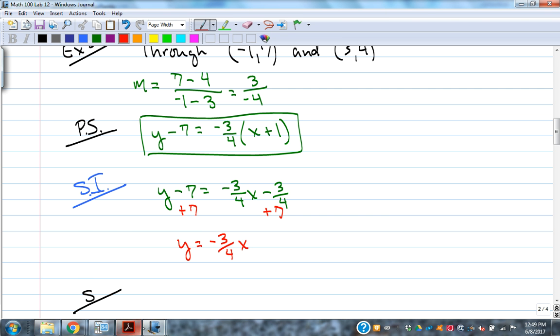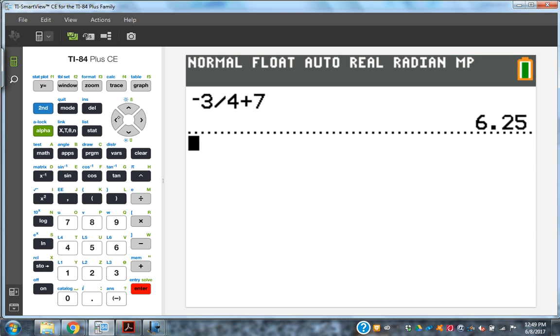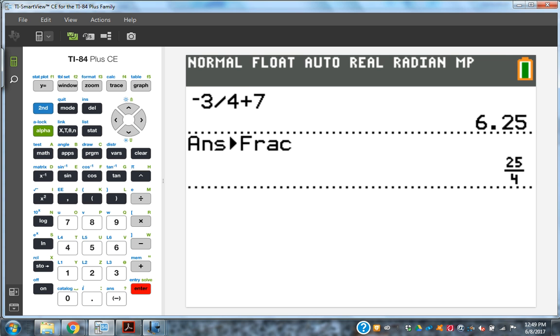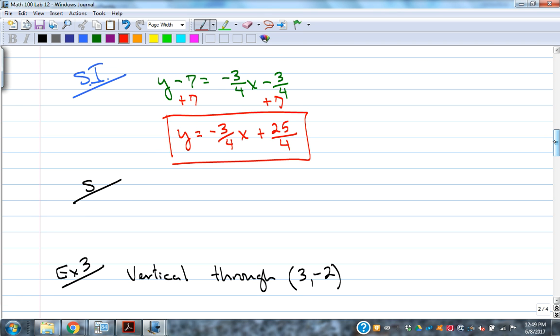We're adding 7 to negative 3/4. So negative 3/4 plus 7, and math, enter, enter, to get that in fraction form, 25 over 4. There's slope intercept form.